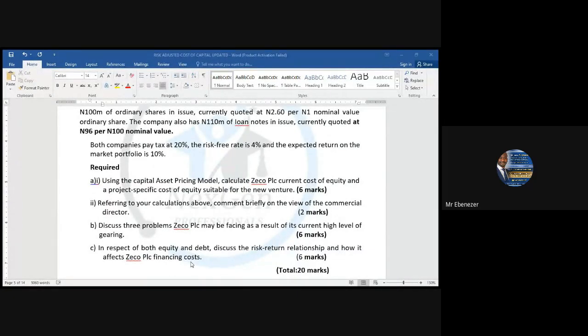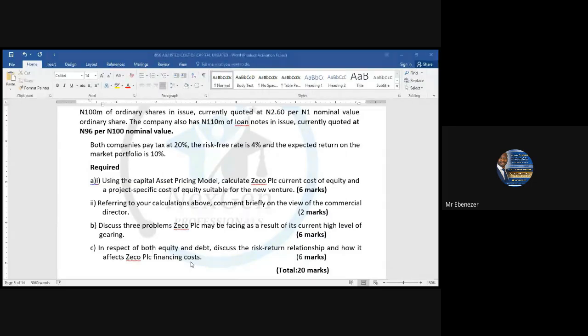The finance director will say no, use the cost of capital without risk. Or the finance director will say use the project specific cost of equity to discount the project. So the two directors disagree. On this argument, what would be your advice?